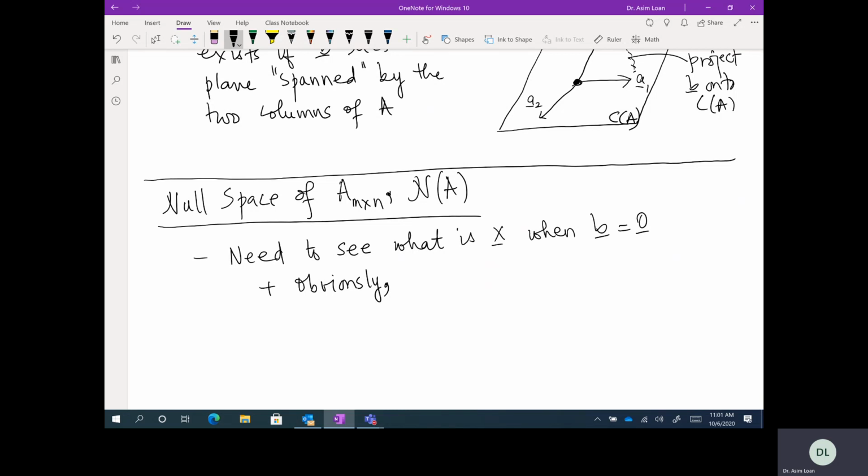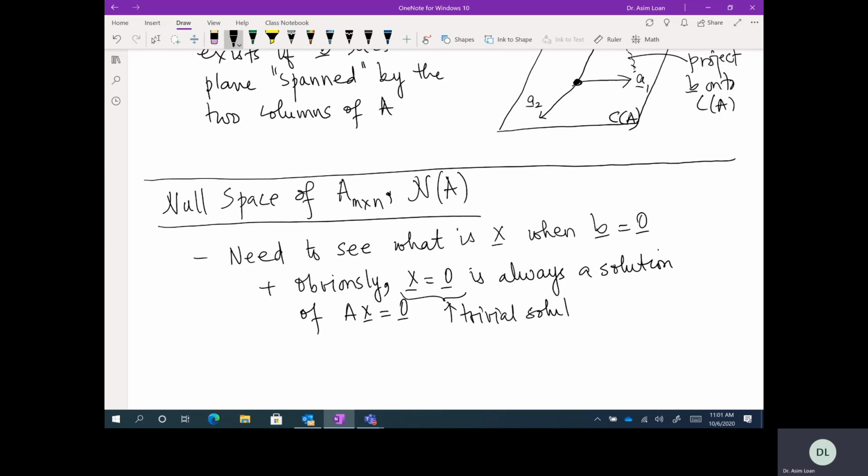If A is a non-zero matrix, X equals 0 is always a solution of Ax equals 0. Obviously we are not interested in this trivial solution. We are interested in the non-trivial solutions.